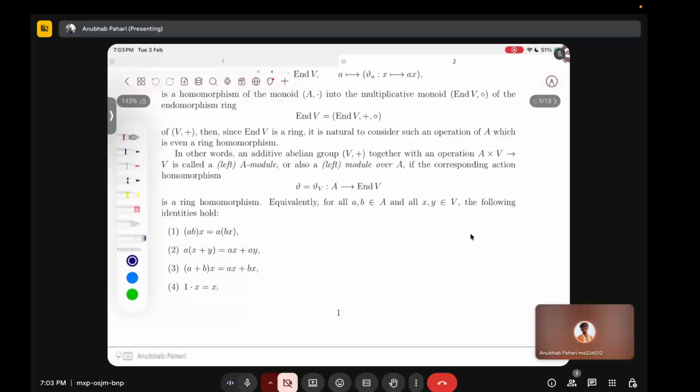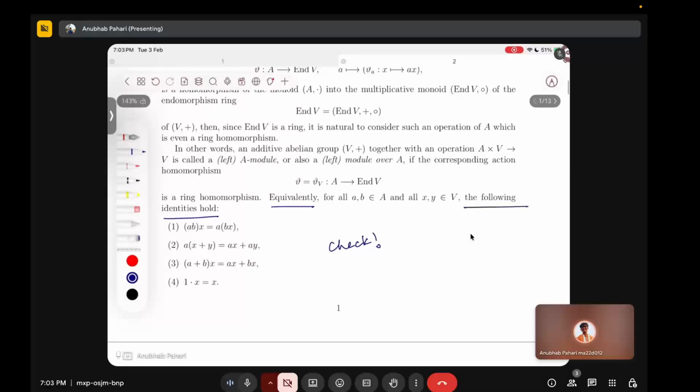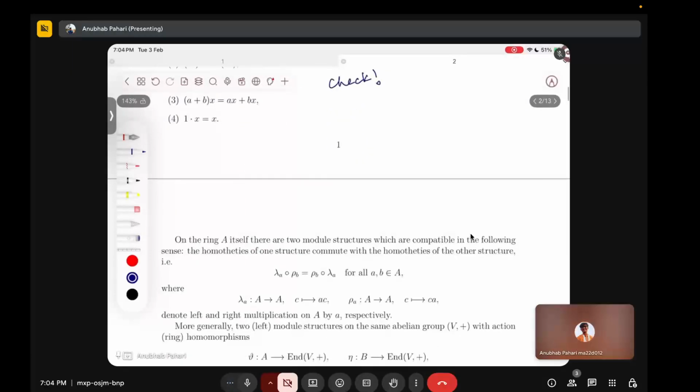You can check it yourself. So what are these identities? a(bx) is (ab)x, a(x plus y) should be ax plus ay, (a plus b)x should be ax plus bx, and the one coming from the ring, 1 of x should be x.